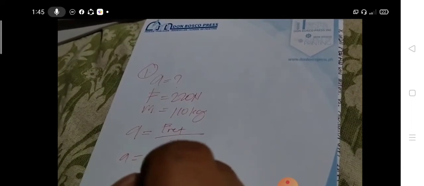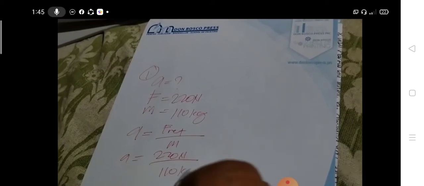Okay, let's substitute. a is equal to 220 Newton over 100 kg. Then let's divide 220 by 100, which is equal to 2.2 Newton per kg.